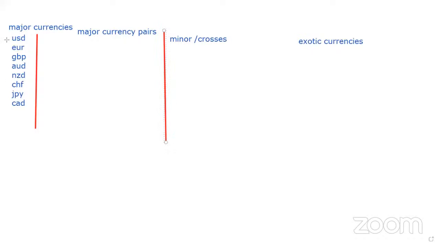USD is off. When you cross any of these with USD, you have a major currency pair. But on minor, you have any of these crossing themselves. That means you can have Euro GBP, Euro AUD, Euro NZD, Euro CHF, Euro JPY, Euro CAD, GBP NZD.